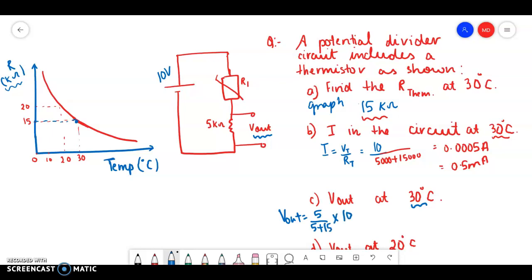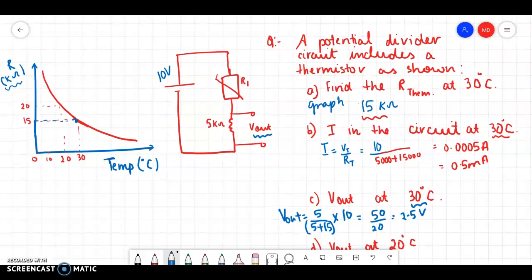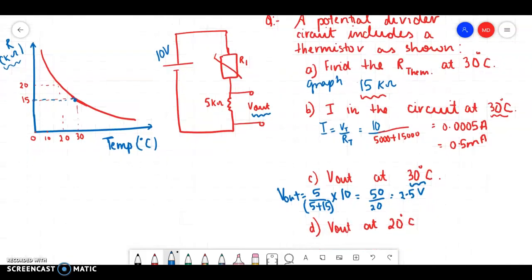Now you must have noticed that I did not convert the kilo ohms into ohms in this case, because for the top and bottom of the fraction, the 5 kilo ohms and 5 plus 15 kilo ohms, they're both in kilo ohms and they're being divided, so that's fine, as long as they're both in the same units. So it'll be 50 over 20, so that is 2.5 volts. You can see that at 30 degrees Celsius, the output across the 5 kilo ohm resistor is 2.5.